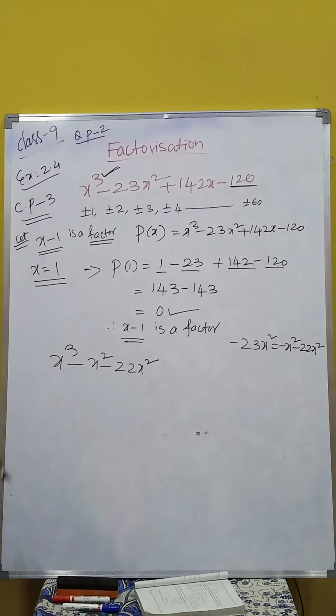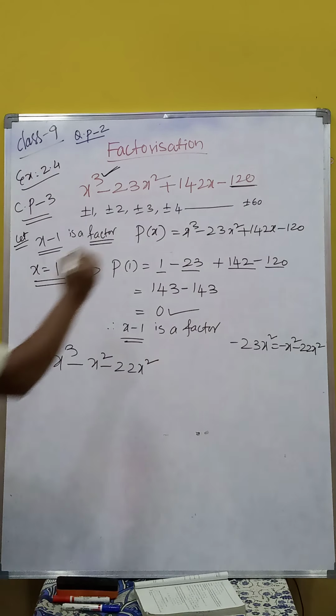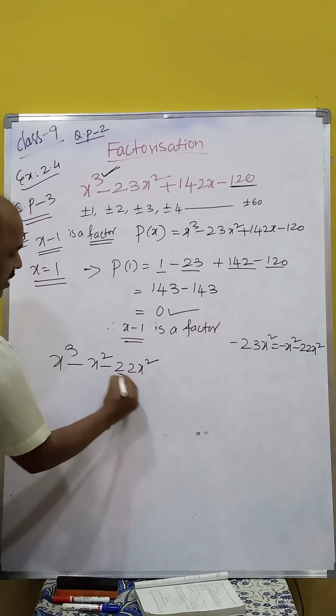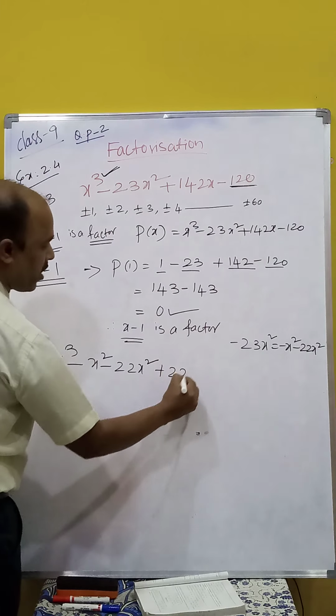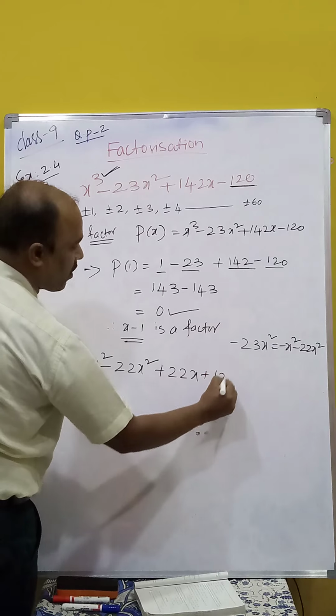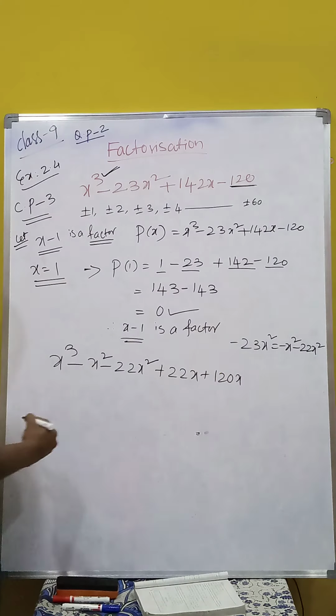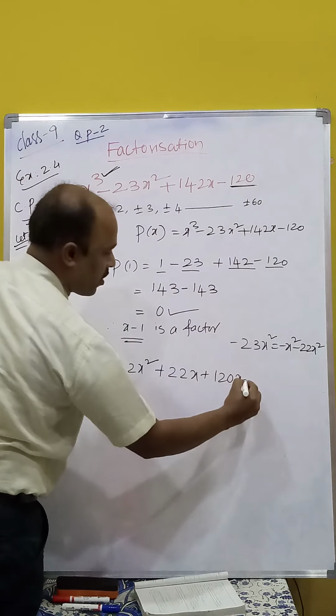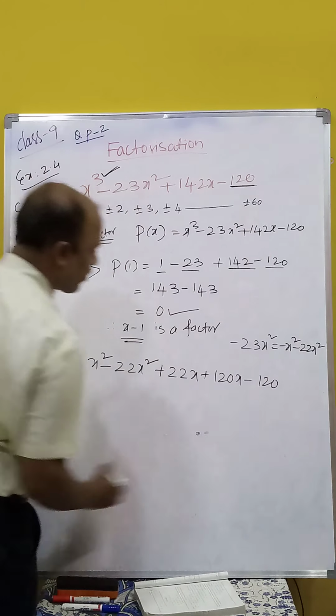If add, you will get minus 23 x square only. Now 142 also change like 22. First, because here 22 is present, 22x plus 120x. Constant no change, minus 120.